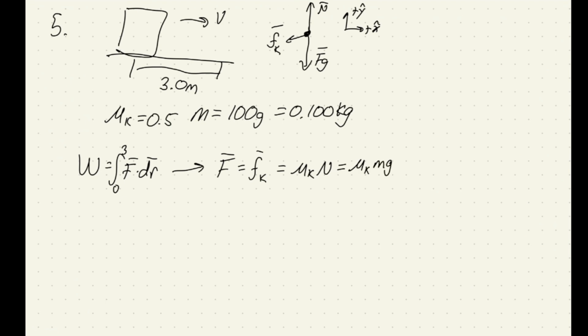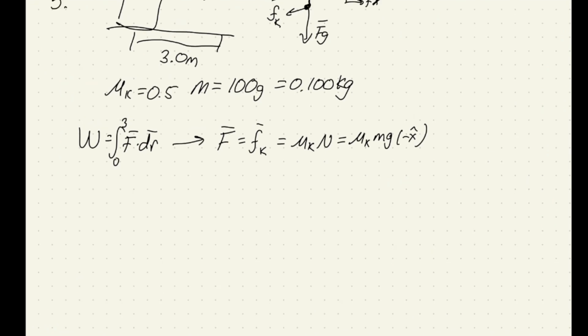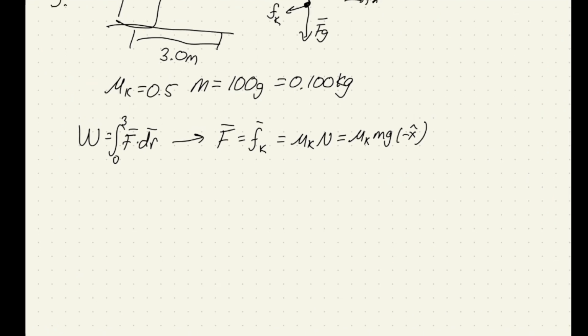And this is going to be entirely in the x hat, and it'll also be in the negative x hat. And it turns out that my limits of integration, I've done them incorrectly, because I'm going to start at 3, and I'm going to go to 0.